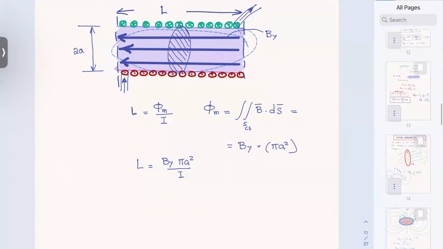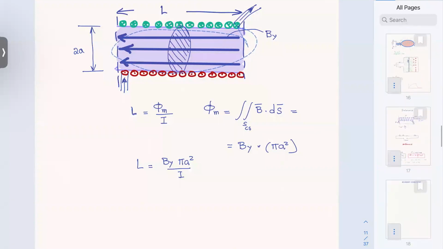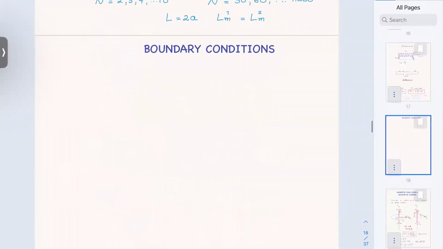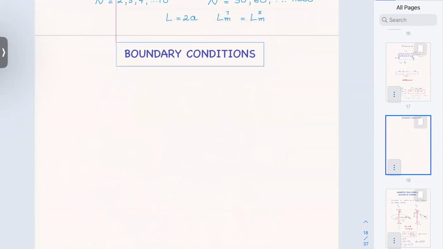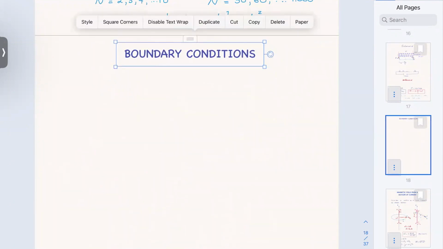But now, as I said, we are going to more specifically speak about boundary conditions for a magnetostatic field. And we are going to separate the cases into two. One where we have a dielectric air interface, so a dielectric material and air around it, and the other where we have a magnetic air interface.